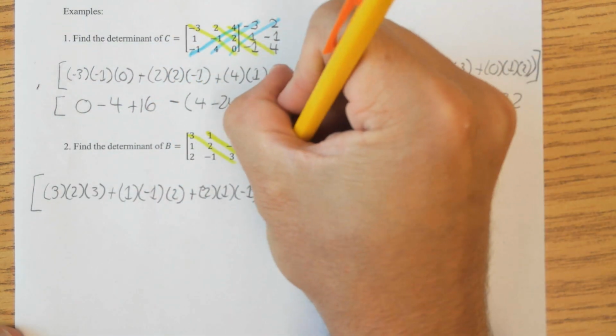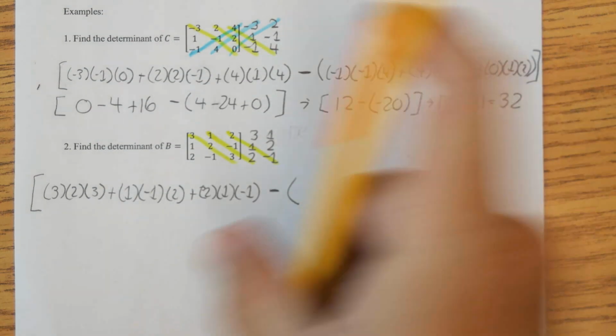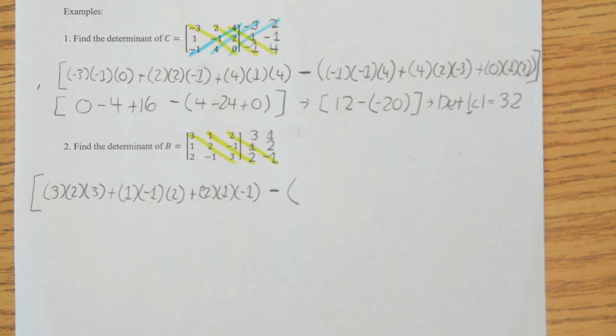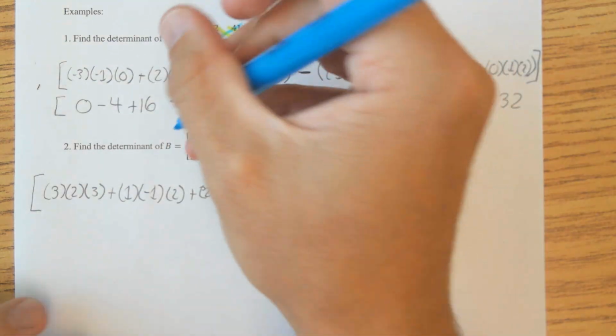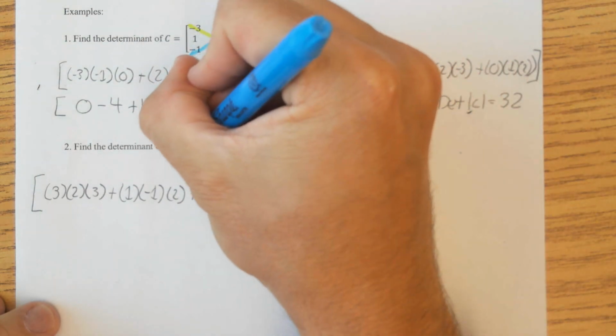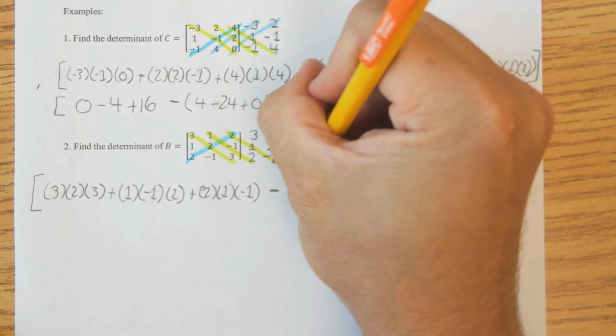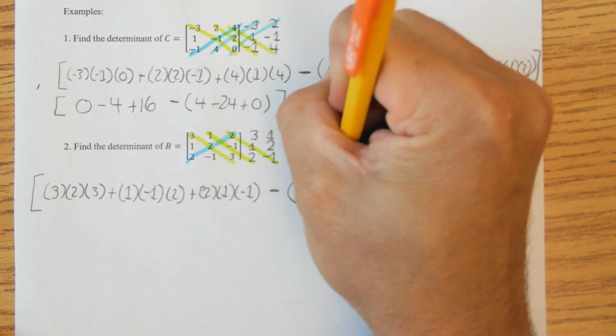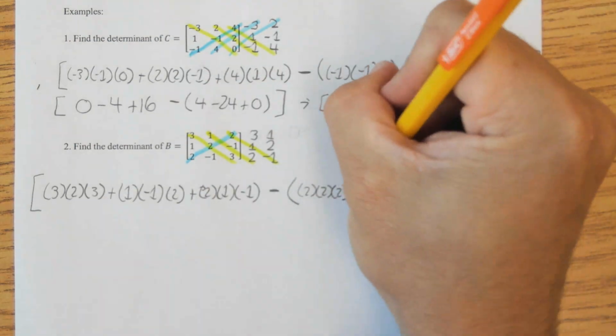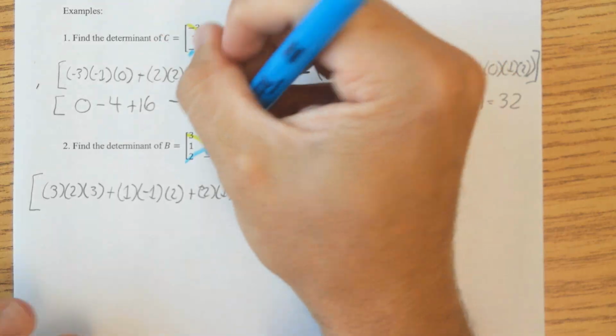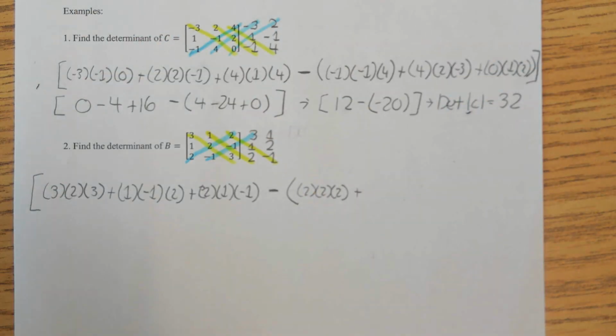Okay, we're about to change directions. We got that minus sign. I'm going to do a big parentheses here because that helps us to remember that we have to distribute that minus sign to the second direction when we change directions here. So we're going to go 2, 2, and 2 here. Plus negative 1, 3.